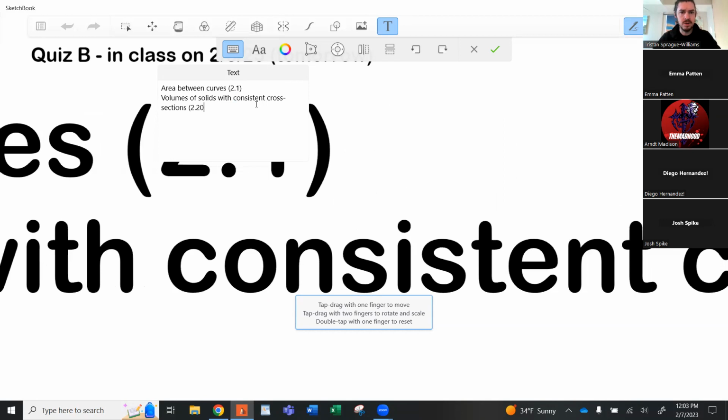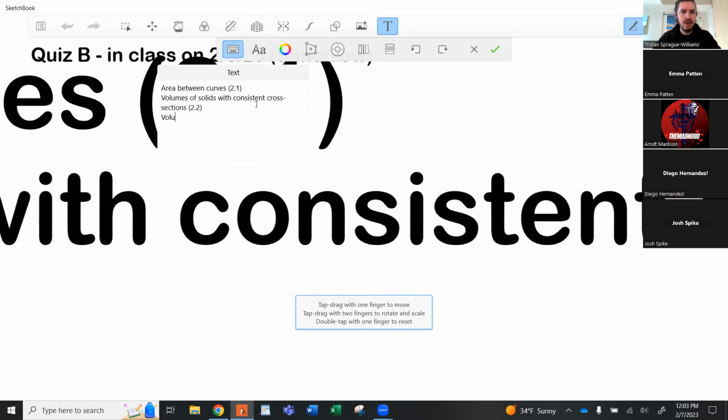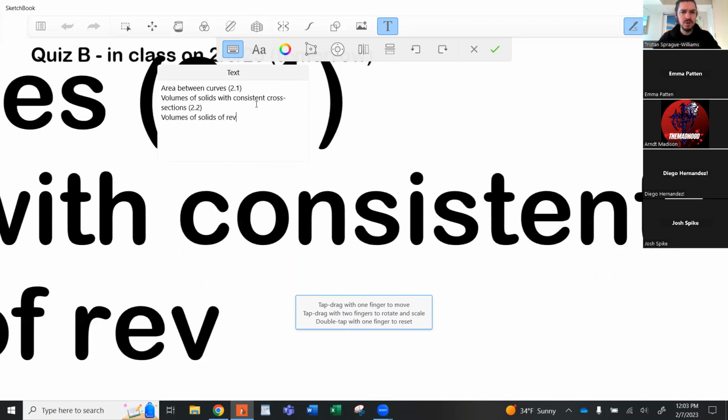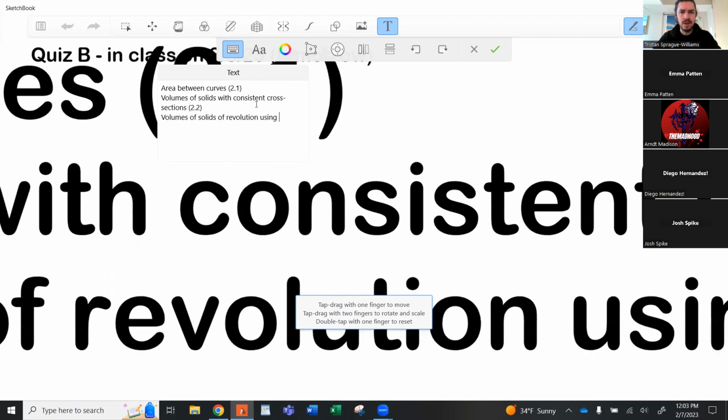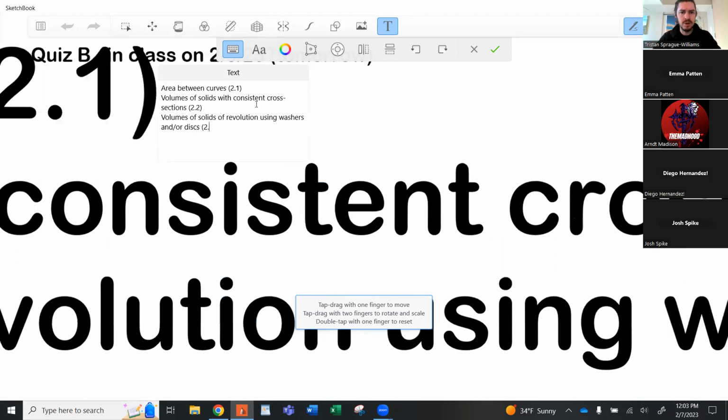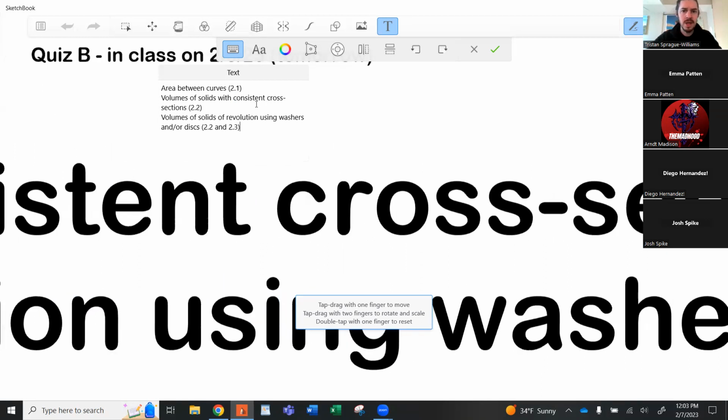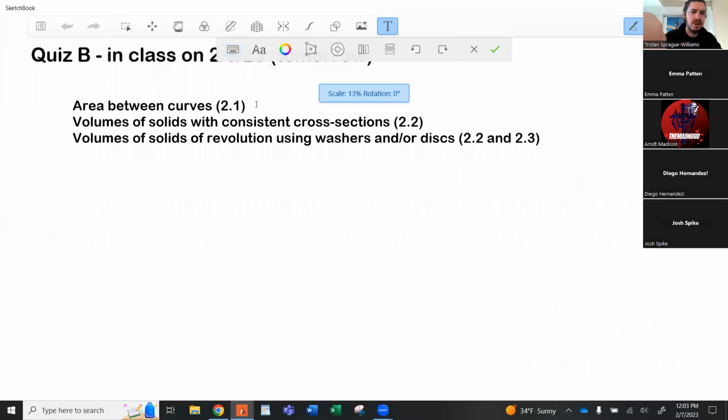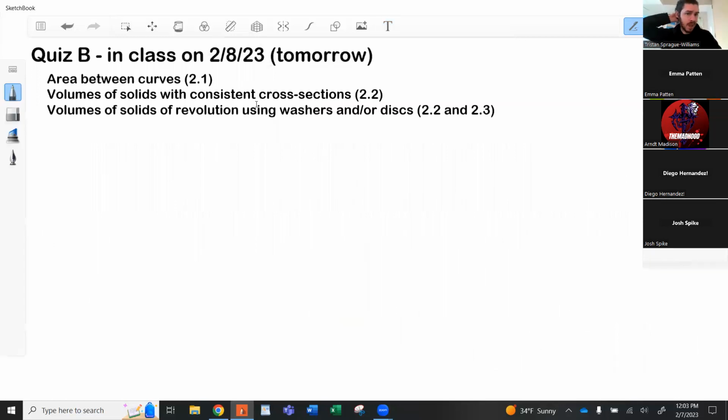That was in 2.2. And then volumes of solids of revolution using washers and/or disks. That was 2.2 and 2.3. So there are some things that are going to be on the quiz. I think that might be pretty much it.